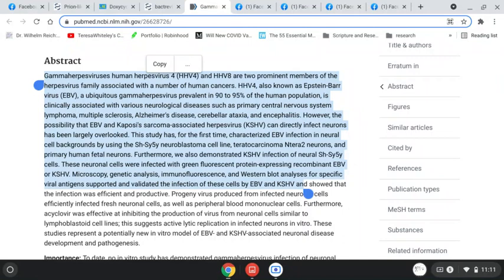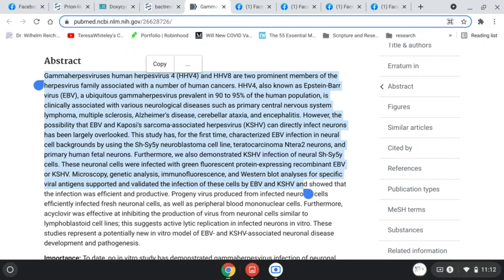HHV4, also known as Epstein-Barr virus, a ubiquitous gamma herpes virus prevalent in 90 to 95% of the human population, is clinically associated with various neurological diseases such as primary central nervous system lymphoma, multiple sclerosis, Alzheimer's disease, cerebellar ataxia, and encephalitis. However, the possibility that Epstein-Barr virus and Kaposi sarcoma-associated herpes virus, KSHV, can directly infect neurons has been largely overlooked.